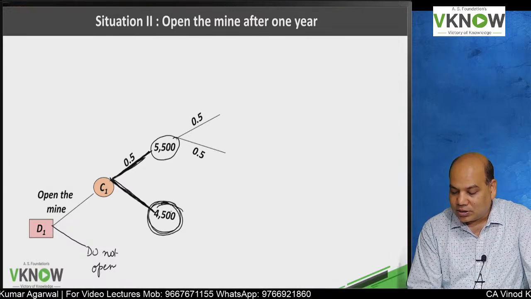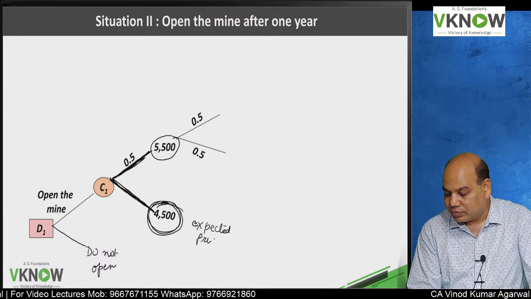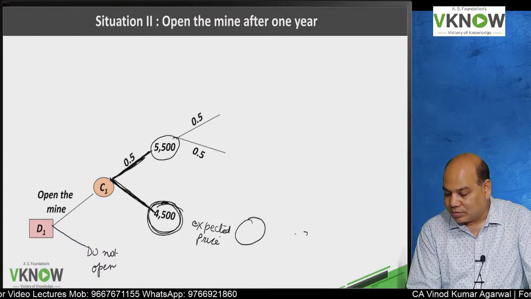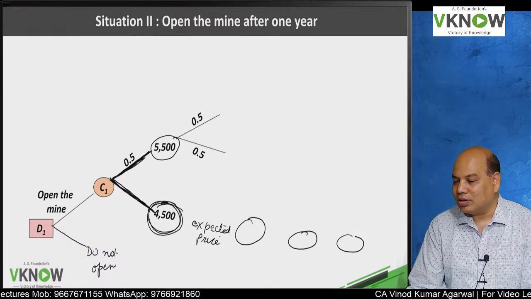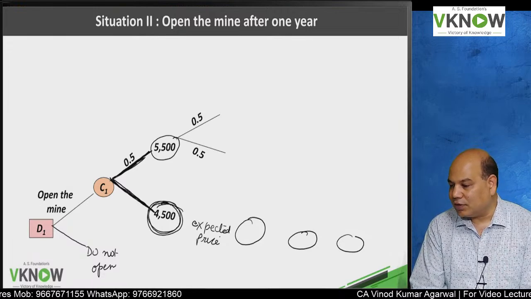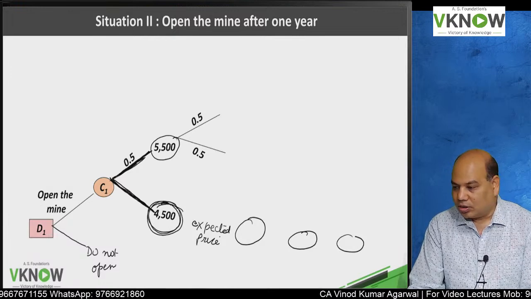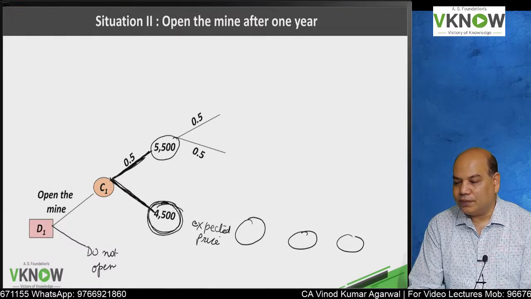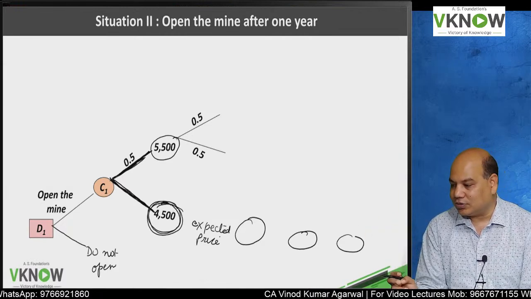If the price is 4,500, what will be the expected price of the next year? What will be the expected price after getting 4,500 in the subsequent year? We have discussed just now, if you start with 5,000, the expected price will be 5,000.